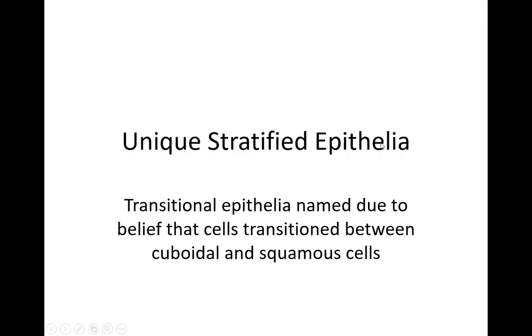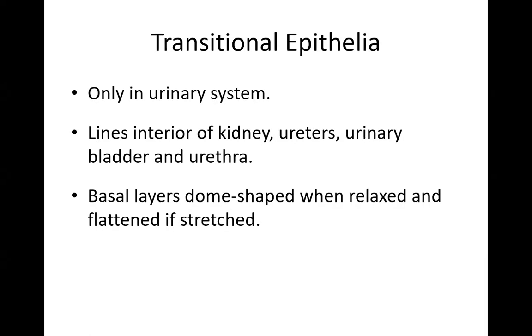Okay. The unique stratified epithelia. These are transitional epithelia, named due to the belief that the cells transitioned between cuboidal and squamous cells. The transitional epithelia is only in the urinary system. They line the interior of the kidney, the ureters, the urinary bladder, and the urethra.